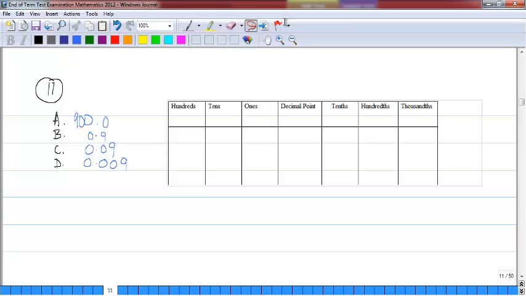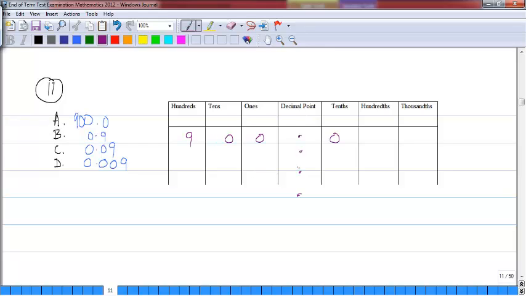Number 11. Number 11 says, which numeral names 9 hundredths? So let's fill in what we have here. We have a decimal point here, and let's fill it in as best as possible. For A, we have 0.009.